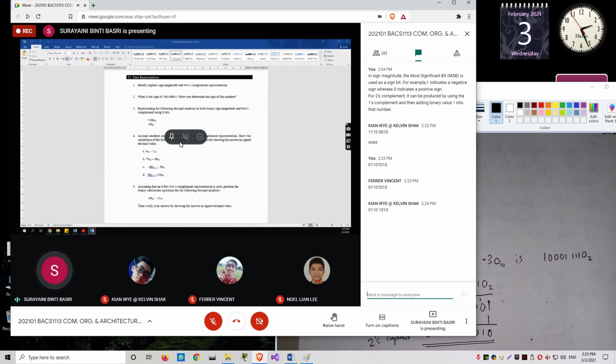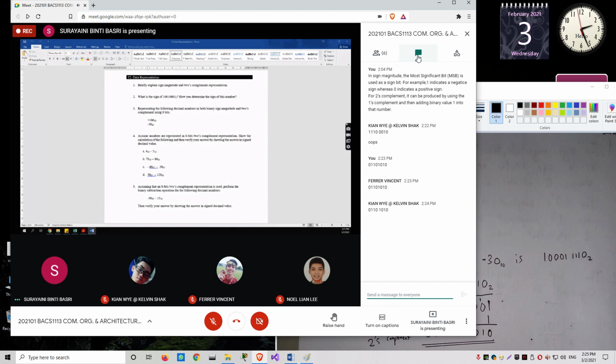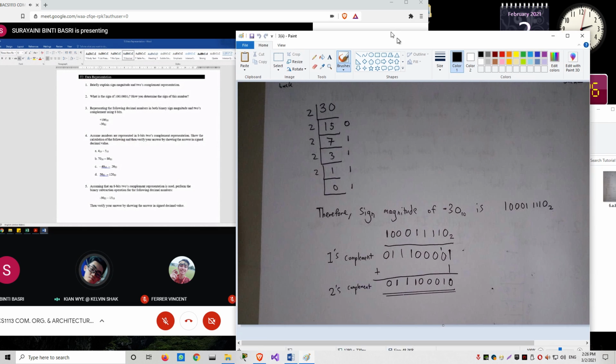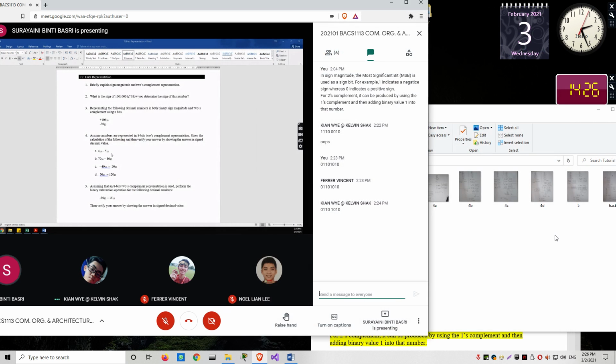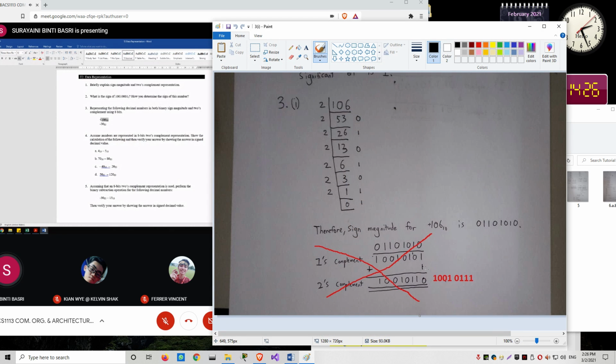How about the 2's complement for 106? Because for each number here you need to give the answer in sign magnitude and then 2's complement.